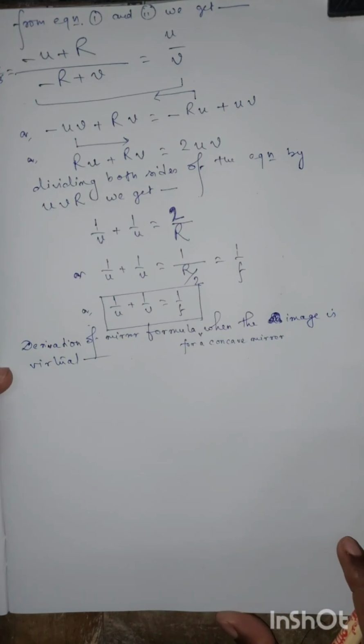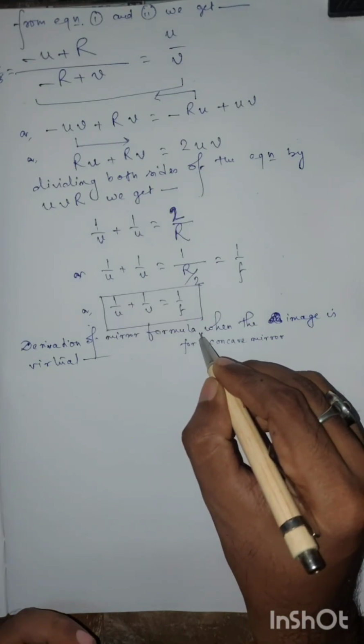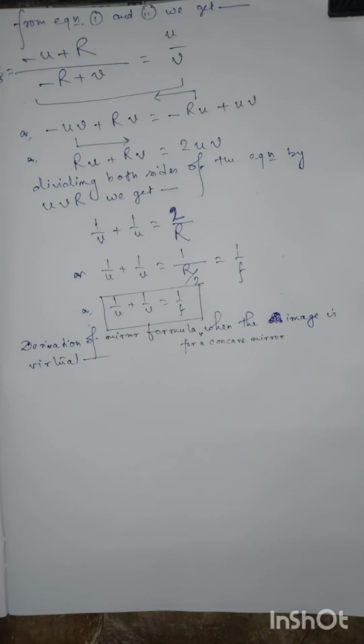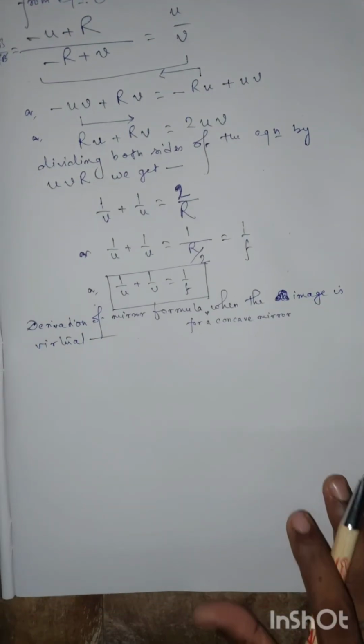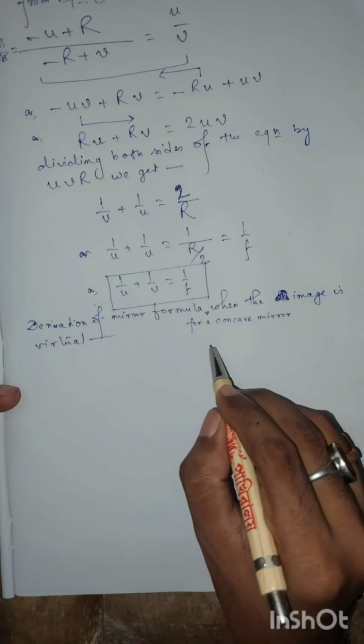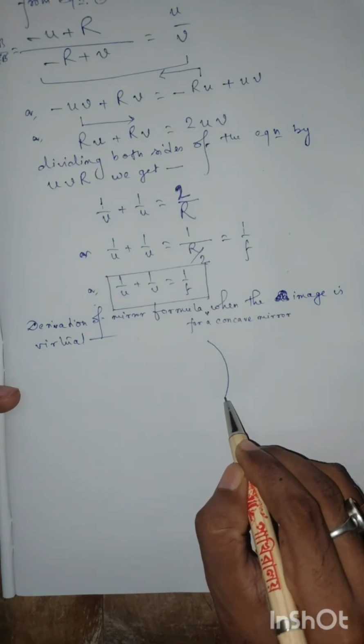So this is our topic now. Derivation of mirror formula for a concave mirror when the image is a virtual image. So let us first draw it. This is our concave mirror.